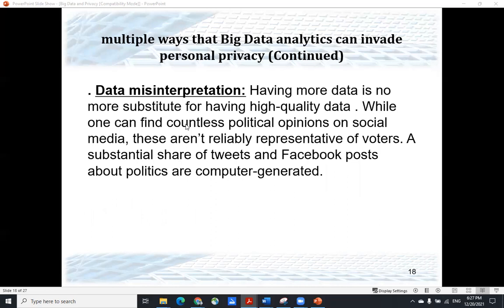Data misrepresentation. Having more data is no substitute for having high quality data. While one can find countless political opinions on social media, these aren't reliably representative of voters. People sometimes look at certain sites and different opinions and make a final decision based on that, but that's not really reliable for making decisions like that.